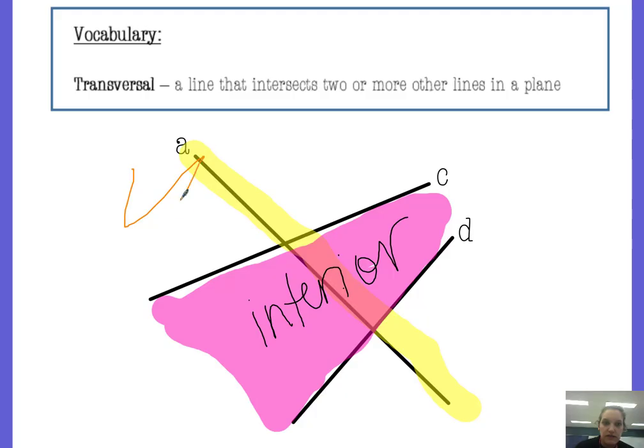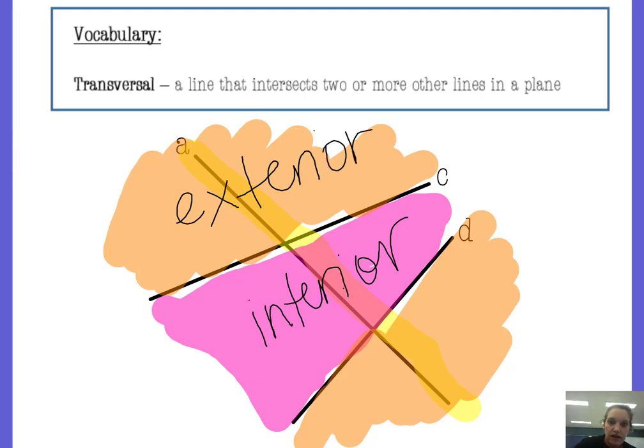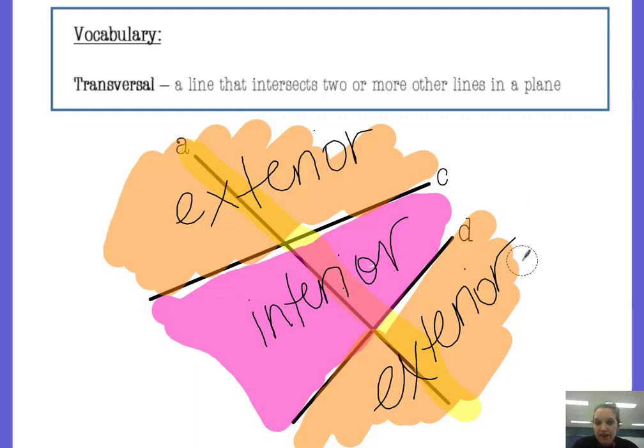And all of this stuff would be the exterior of the 2 lines. So if it's in between the 2 lines, it's the interior, and if it's outside the 2 lines, it's the exterior.